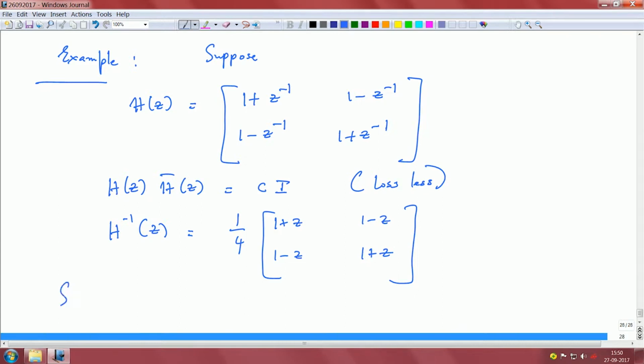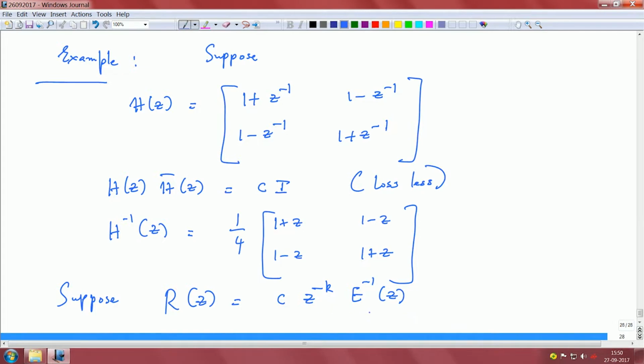Now suppose R of z is C times z power minus k times some E inverse of z, right, where k is some delay that we can choose, so that the system is also causal, right.